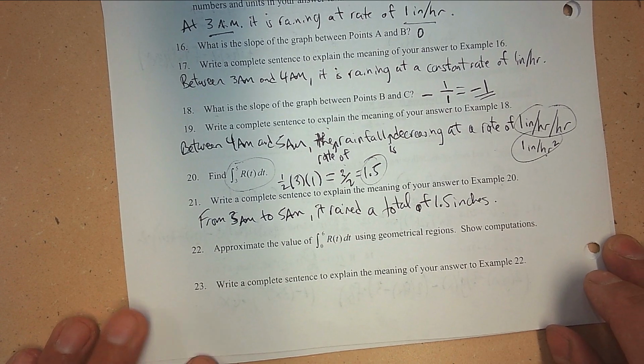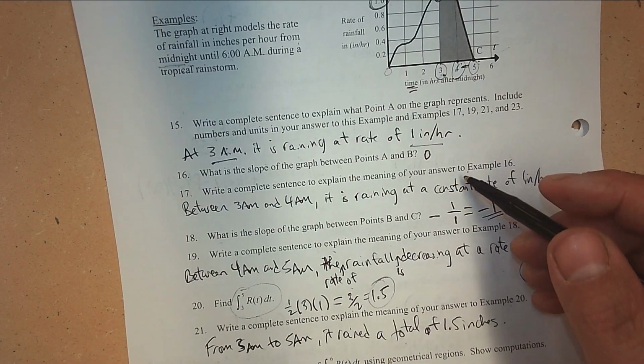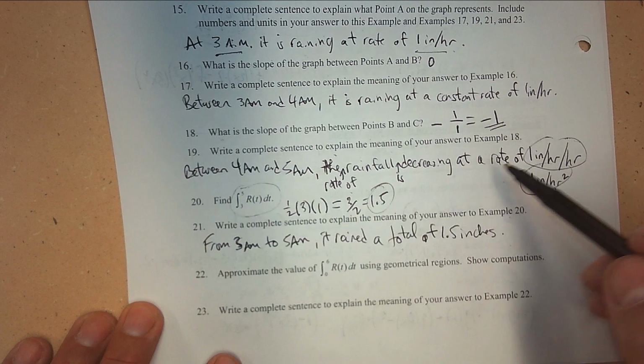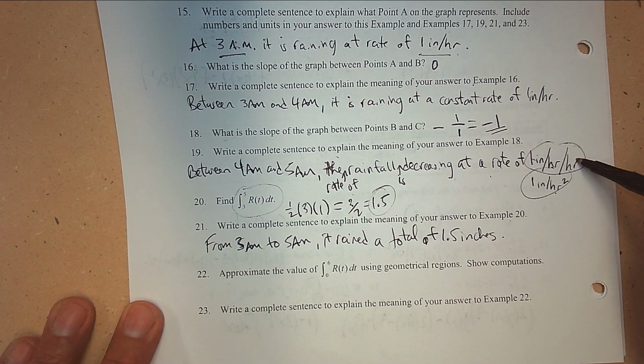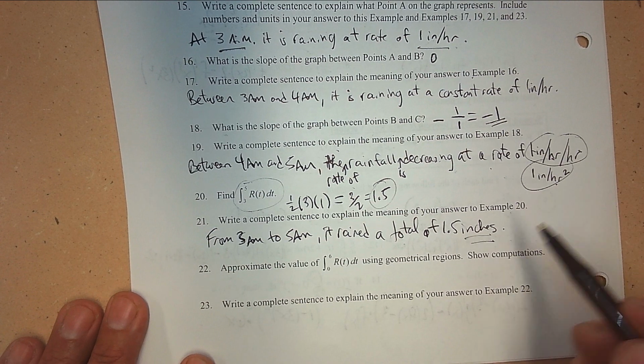So when we integrate, it's not a rate now. So others were rates, like question 15, inches per hour. Number 19, a rate of a rate, inches per hour per hour. When you integrate going the other way, the answer is just inches. It's a finite answer, not a rate.